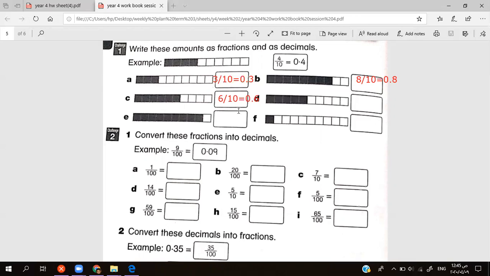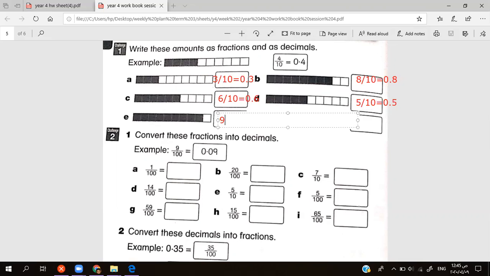Please pause the video, answer D, E, F, and come back to see how we did it. Okay, number D, I have 5 colored. 5 from how many? From 10. So my fraction is 5 over 10. And the decimal will move only one place because it's divided by 10, so it's 0.5.